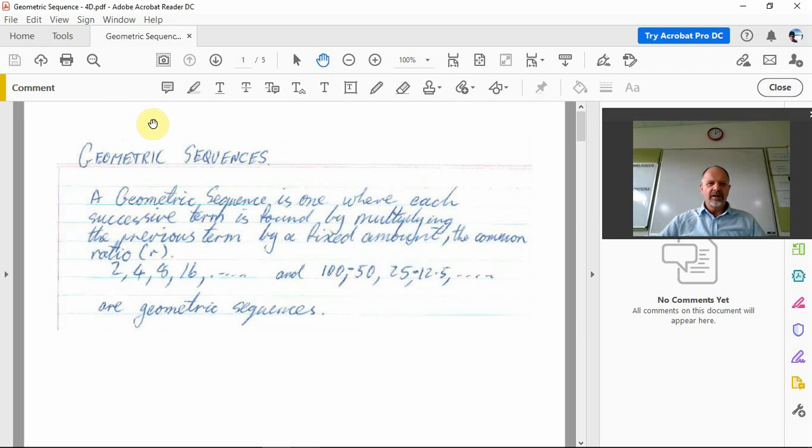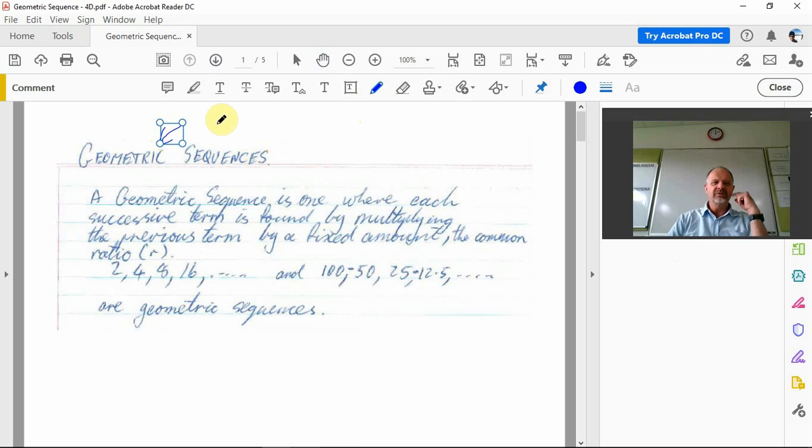All right, so now we're looking at, as it says there, geometric sequences. So again, a sequence is just a list of numbers. And so geometric suggests the word is multiply.